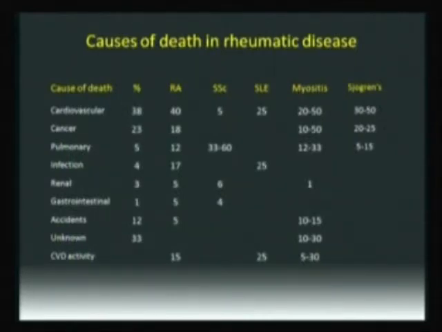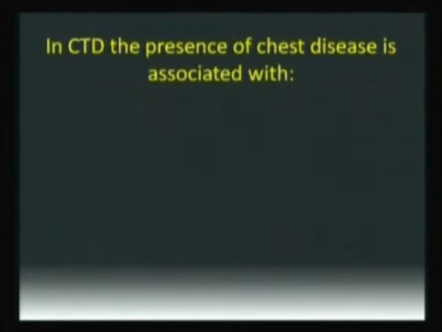That's why when you pick by chance a patient with connective tissue disease and an abnormal high resolution CT scan, you should worry, because it's very likely that that abnormality is going to be the cause of death in that patient. So in connective tissue disease, the presence of a chest disease is associated mainly with more respiratory symptoms.